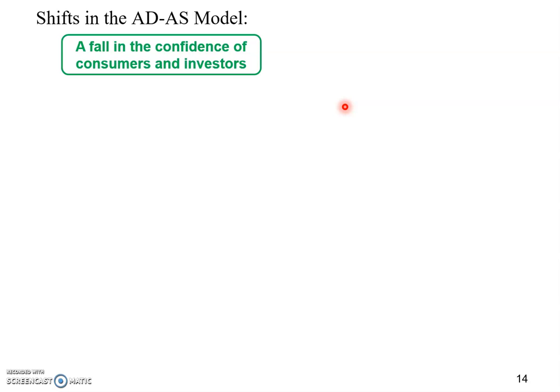When consumers are less confident, they're going to cut their consumption. When investors are less confident about the future economy, they're going to reduce their investment, right? So both would lead to a decrease in aggregate demand.